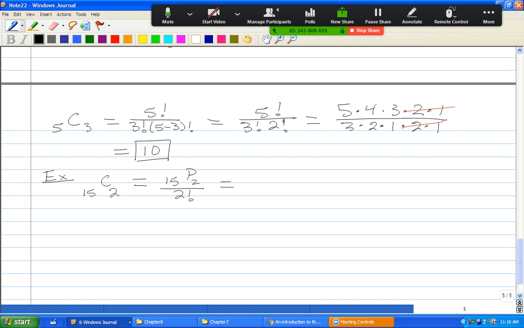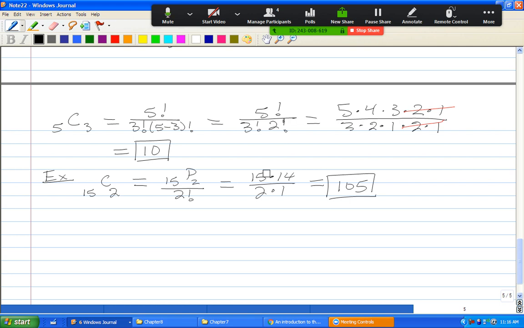The number of permutations is just 15 times 14 over 2 factorial. So I start out at 15, write out the next two numbers, 15, 14, and then divide by 2 factorial. And so 14 divided by 2 is 7 times 15 is 105.